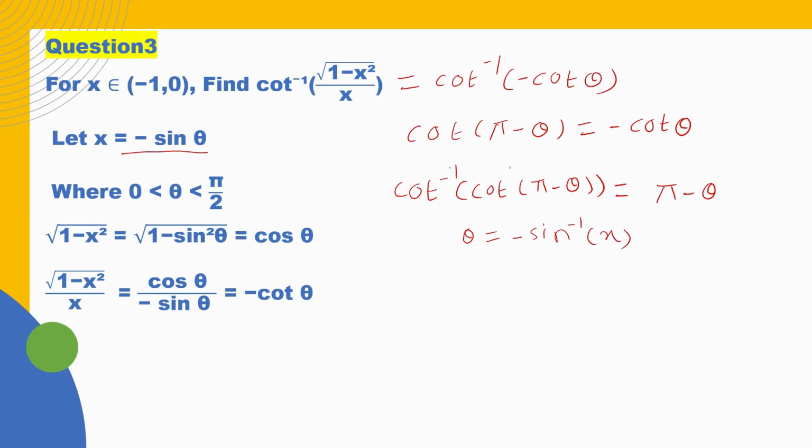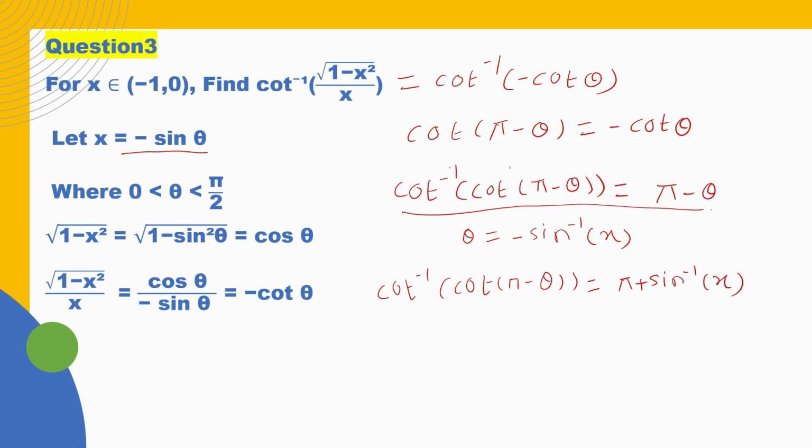That is why here we can write cot inverse of cot of pi minus theta equals pi minus of minus sine inverse of x, that's why it is pi plus sine inverse of x.